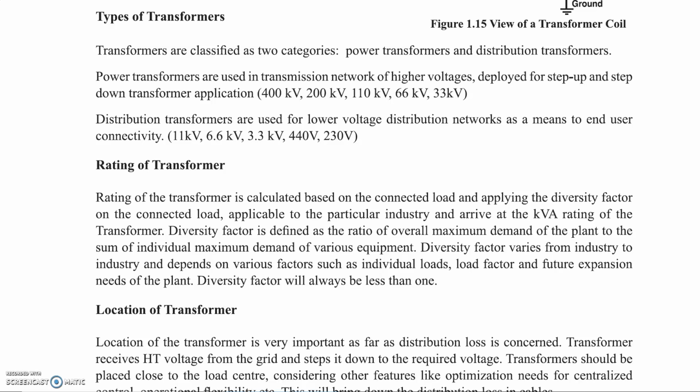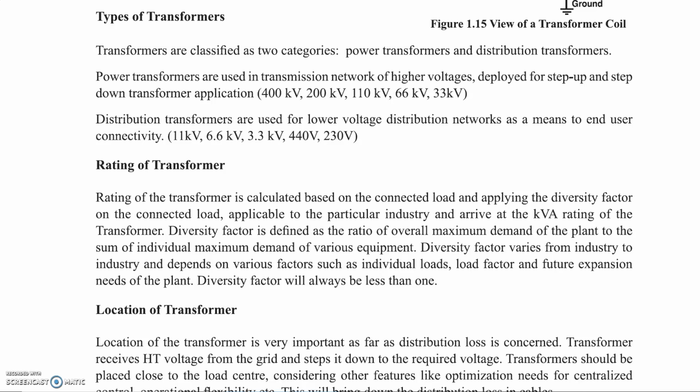During the period from the beginning of the evening time, around 6 p.m., 7 p.m., etc., till late at night around 11 p.m., there will be peak time of load, because all the lights and fans and appliances will be on, and during that time we will have the maximum requirement of power, that is called the maximum demand.